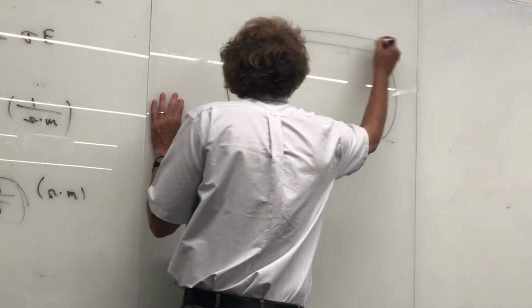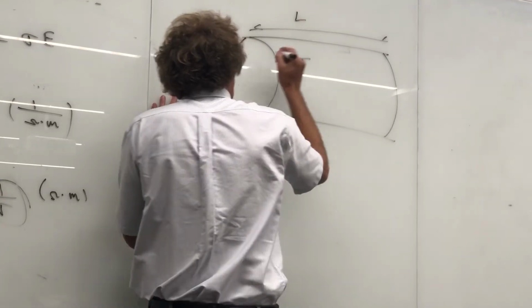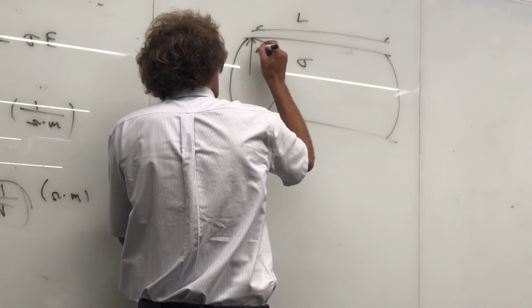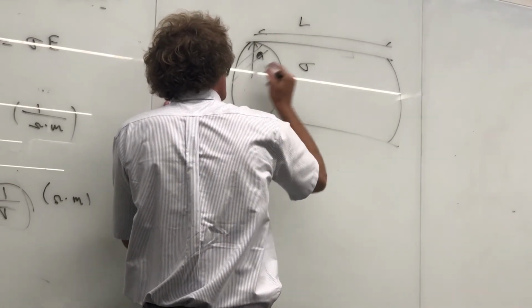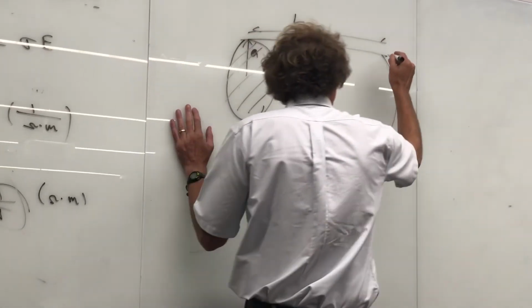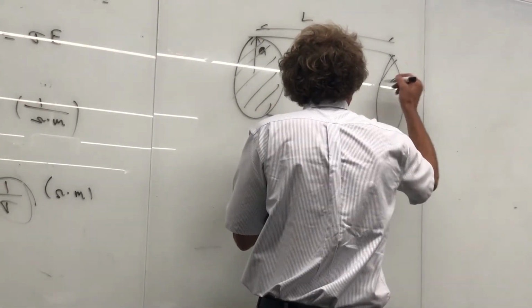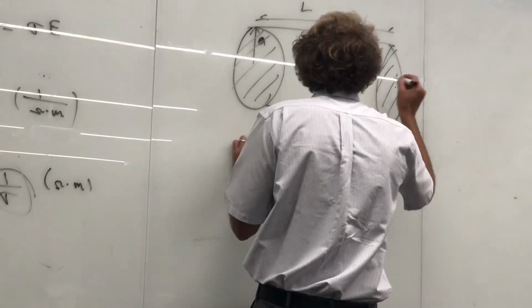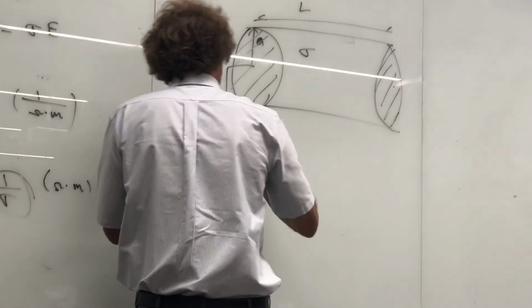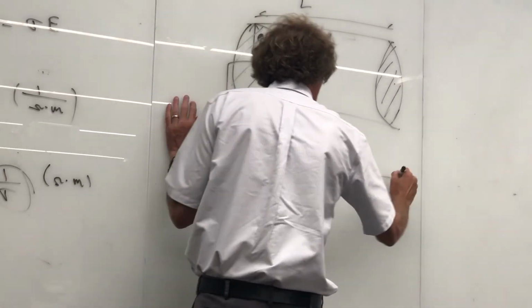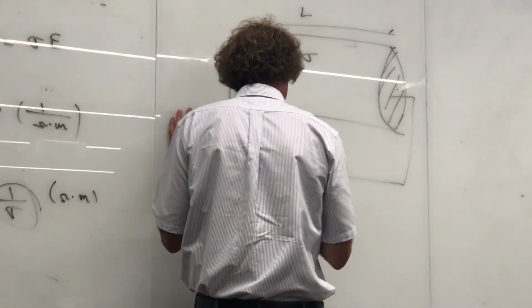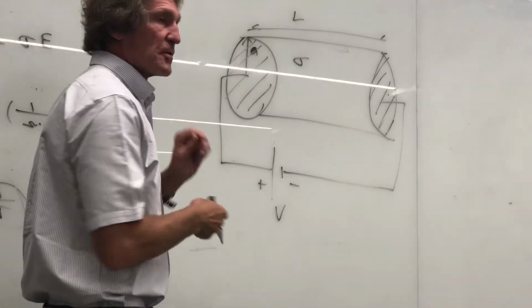This cylinder has a length L. It has a radius A. And I'm going to assume that the top surface, the bottom surface and this surface here will all be metallized. And then I'm going to take a battery here with a voltage V. So you get a mental picture of what's going on.